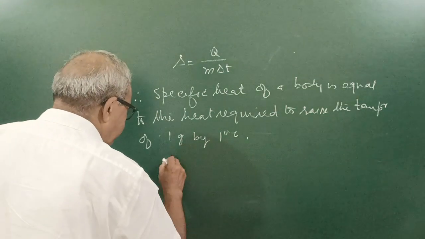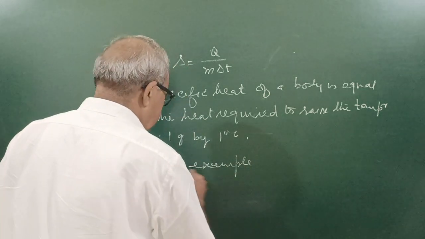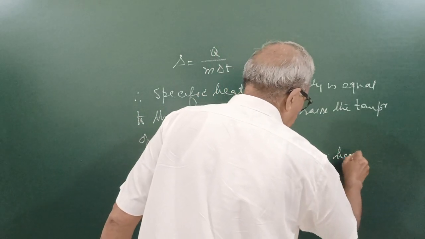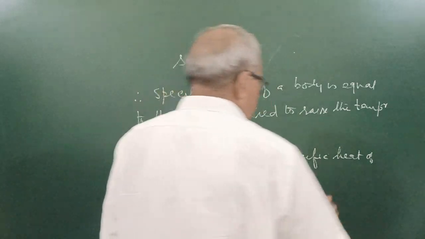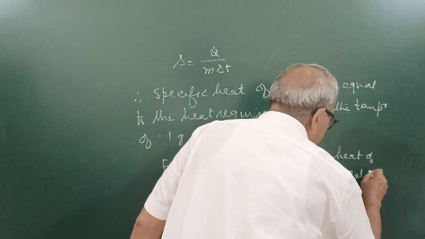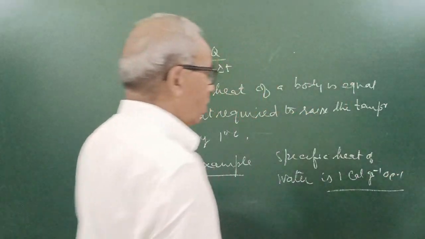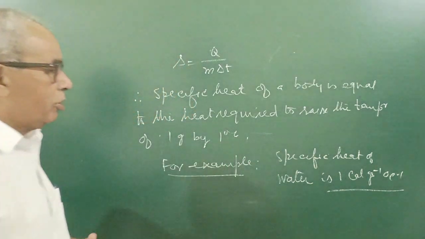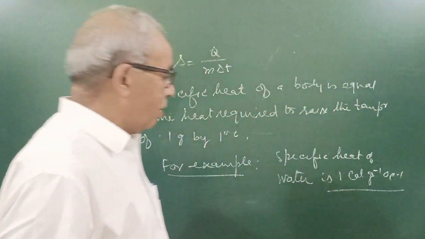For example, the specific heat of water is 1 calorie per gram per degree centigrade. This is a practical thing we write.